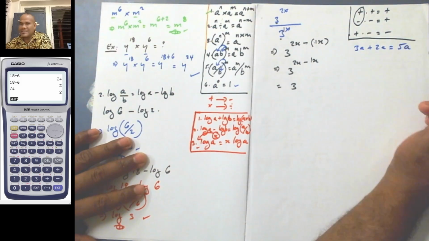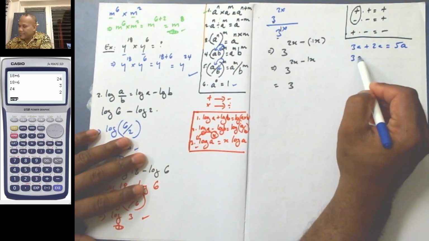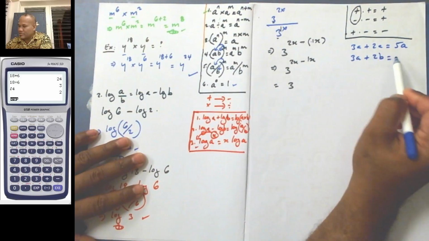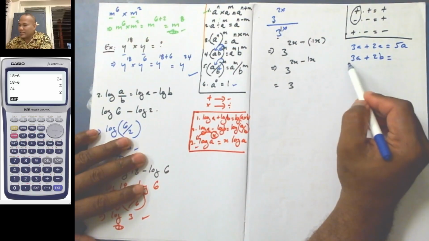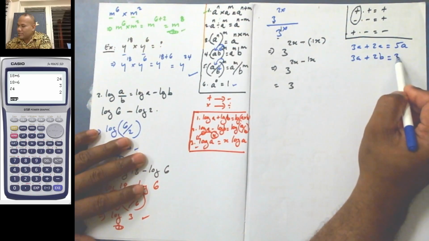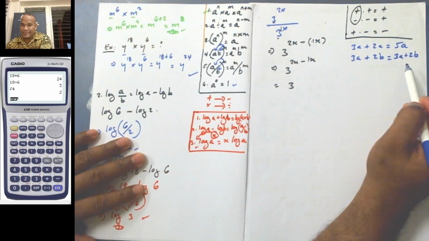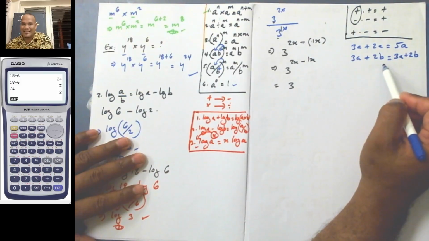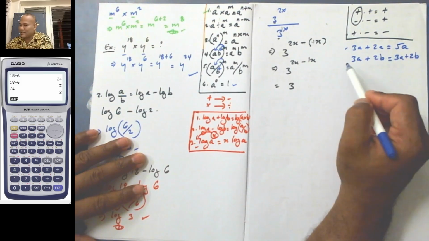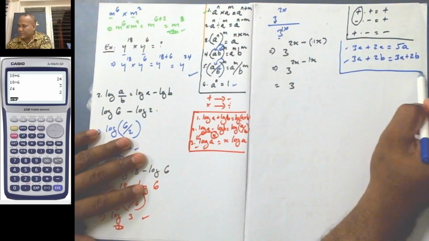Apple in our case is A. Now if I tell you this, 3 apple plus 2 orange, we cannot add them. These are called unlike terms. For apple and apple, we call that like terms, and for apple and orange, we call that unlike terms. We'll use this concept here.